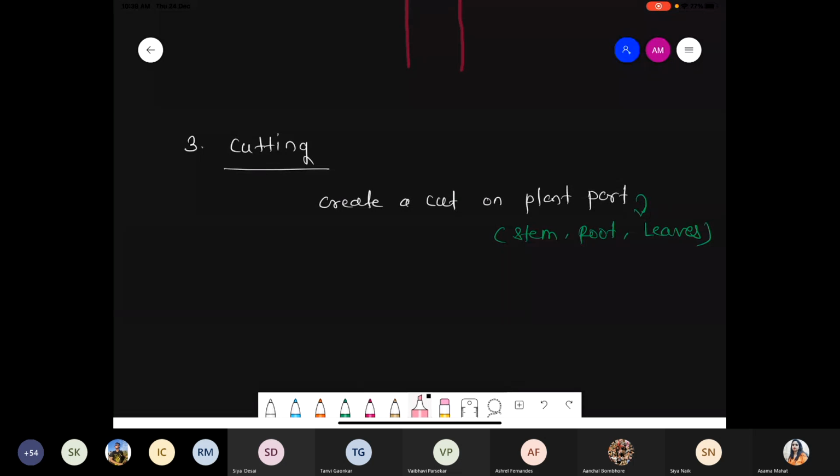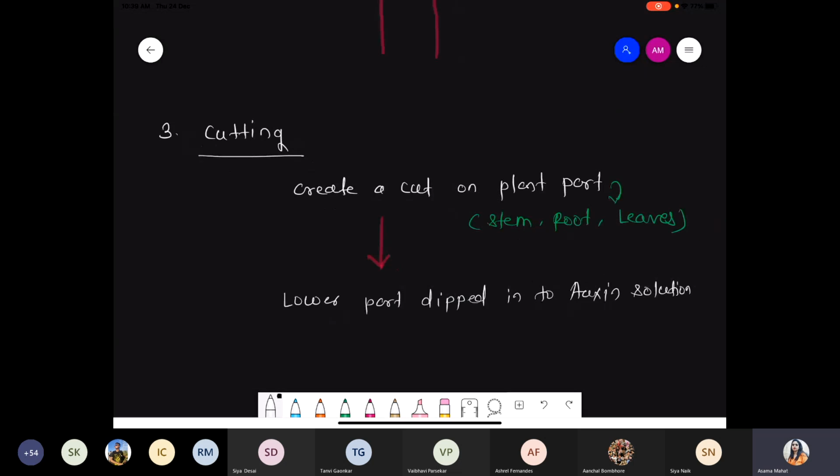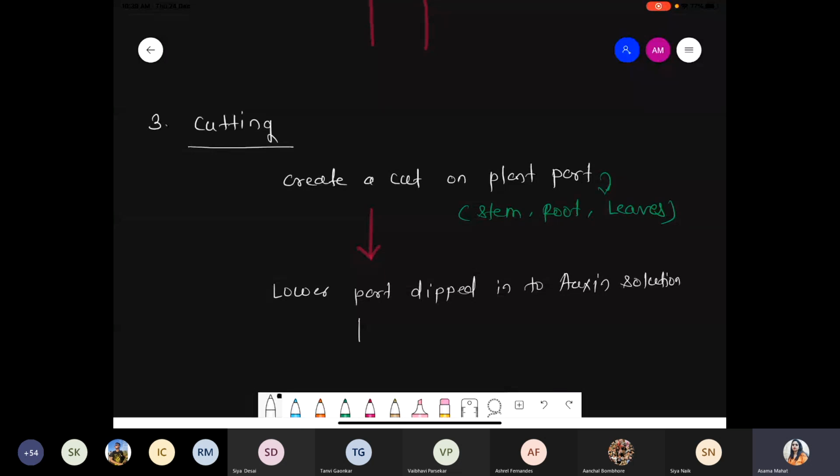And now when you create that cut, lower part it should be dipped into oxime solution. So whatever we create a cut, that area it should be kept under the oxime solution, and you know very well, due to oxime, now that root gets initiated, and there is a formation of the new plantlet.